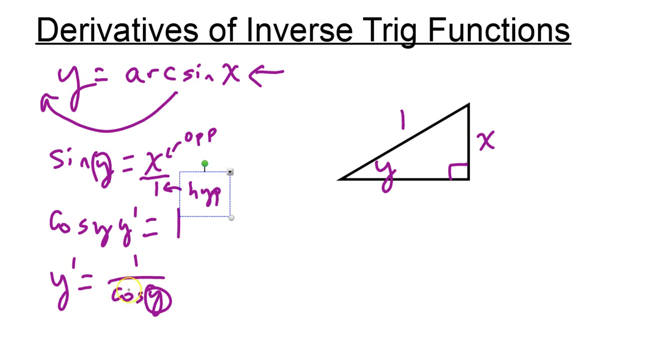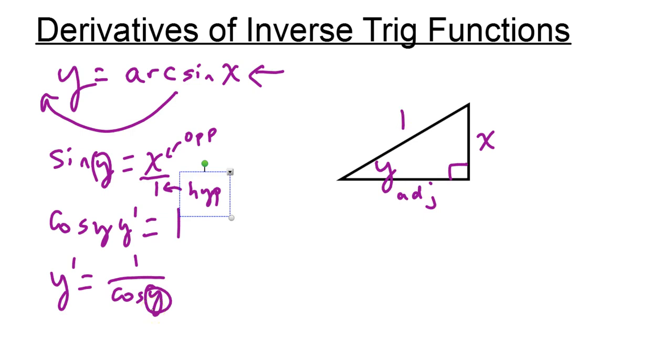You see how in my derivative I have y prime equals 1 over the cosine of y? Well, gosh, using this right triangle, don't I know that the cosine of y is the side adjacent to this angle y divided by the hypotenuse, which is 1? So if I could somehow figure out this adjacent side in terms of x, I could say it's this side over 1 and replace that with cosine of y.